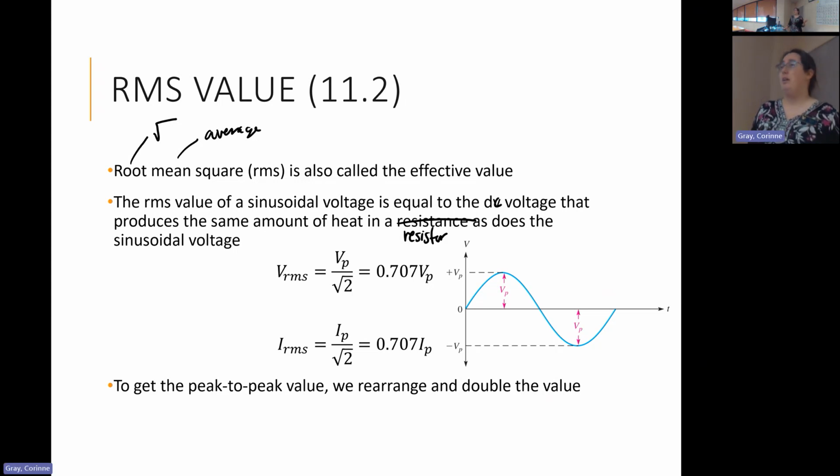The reason we should probably bring this up is that sometimes we are given the RMS value. So that's where it comes from. But typically if you have RMS, you'll find the peak and then double it. So take that as you will, but the textbook thought this was important. Rearrange it, double it, and you're good to go.